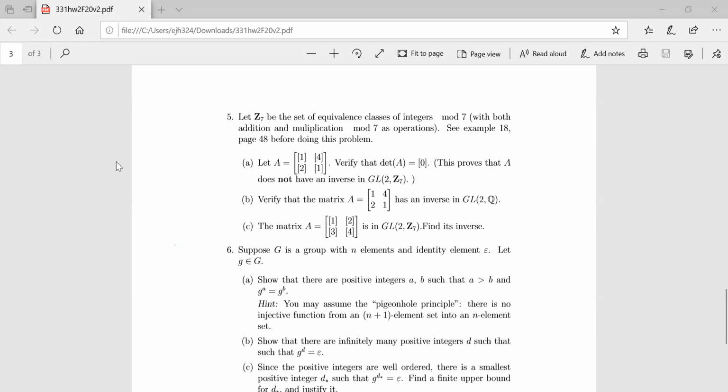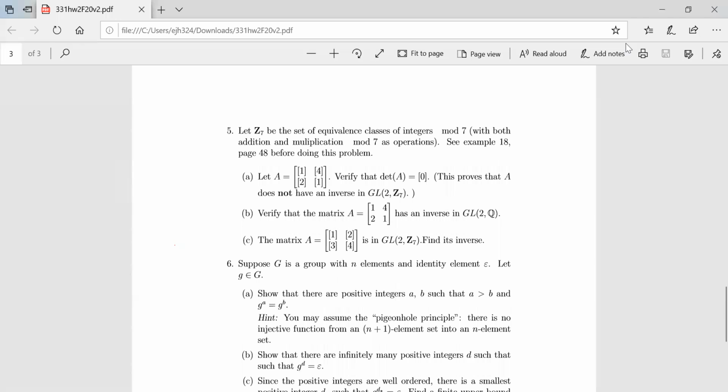so the determinant. So 5A, if we look at the determinant of A, then we'll get that that is going to be equal to this guy times this guy minus this guy times this guy.